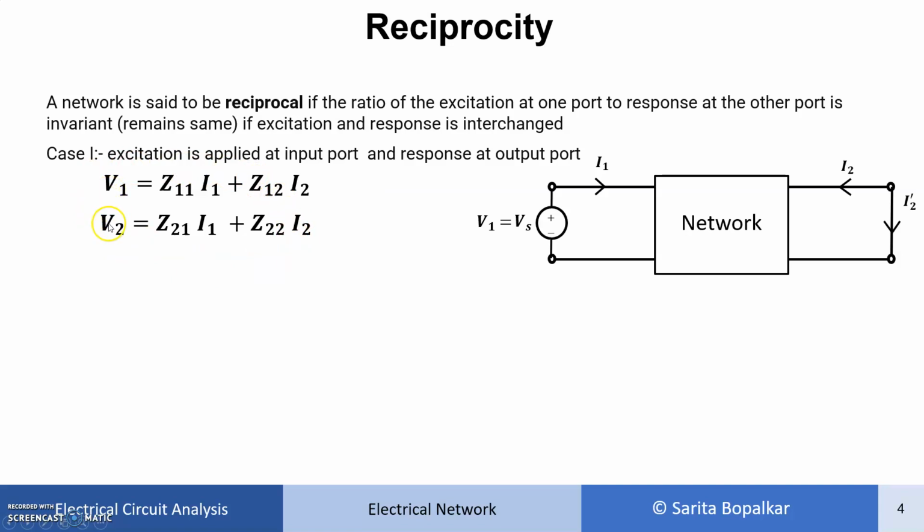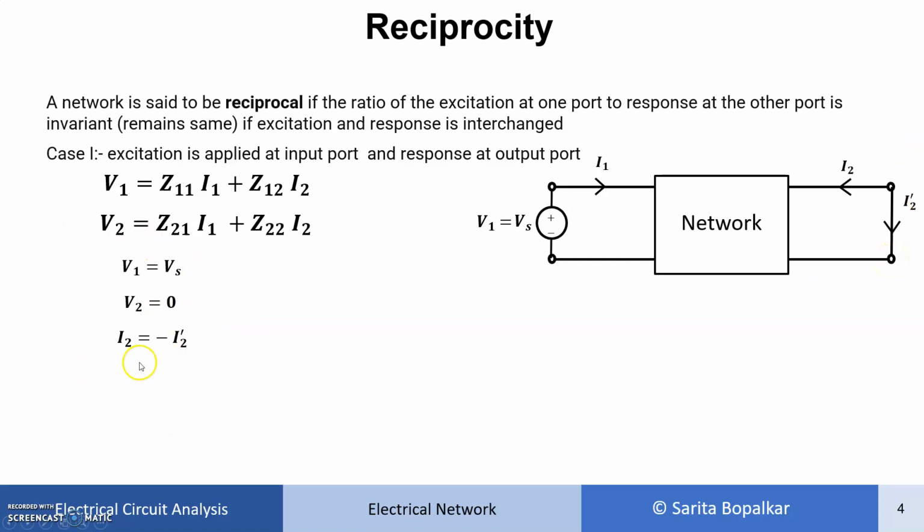Now these are the standard Z parameter equations. V1 and V2 are expressed in terms of I1 and I2. We want to find the condition, in terms of these Z parameters, so that the network becomes reciprocal. So for case 1, V1 becomes Vs, I2 becomes minus I2 dash, and V2 becomes 0.